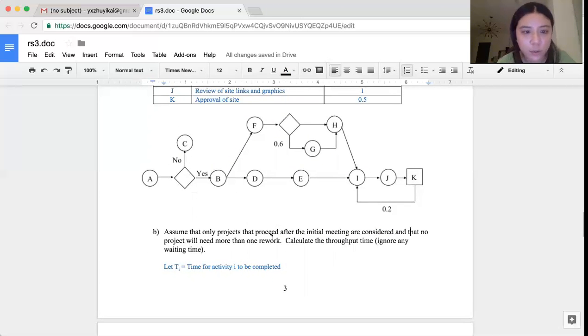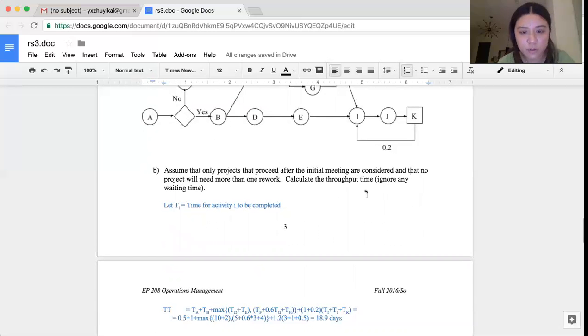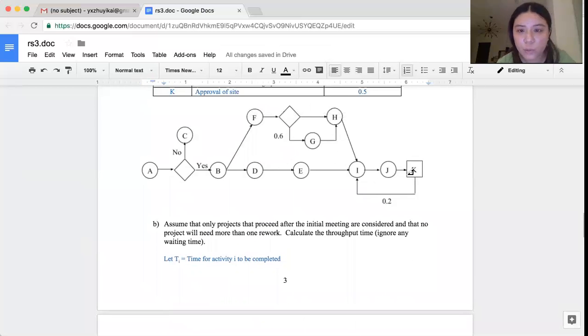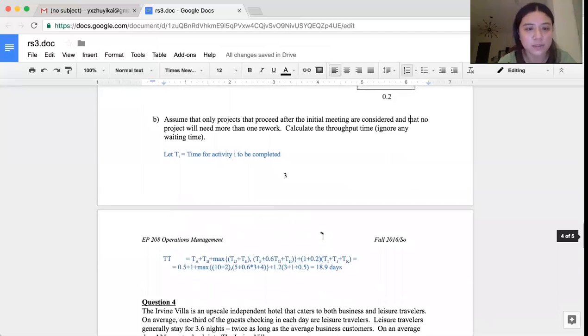And no project will need more than one rework. So let's see the total time of this process.